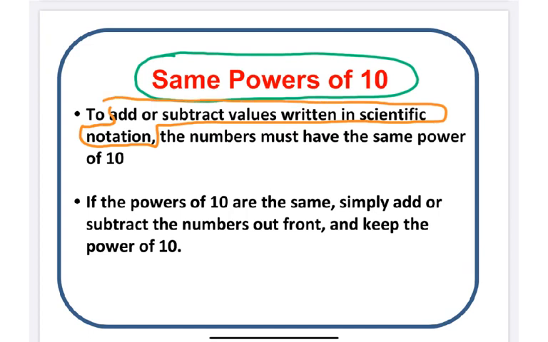Okay? And then you make sure you keep the power of 10. So you add or subtract those front numbers and then keep the power of 10. Remember to make sure that your final answer is in scientific notation.